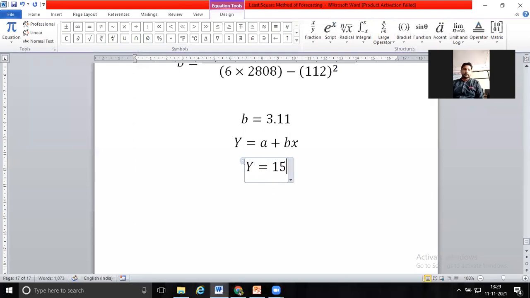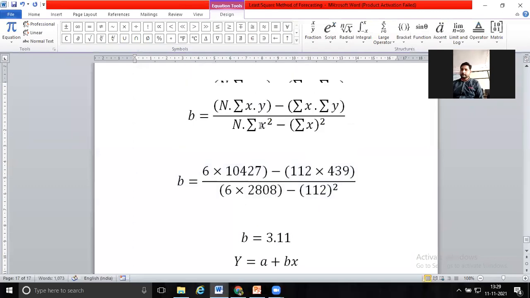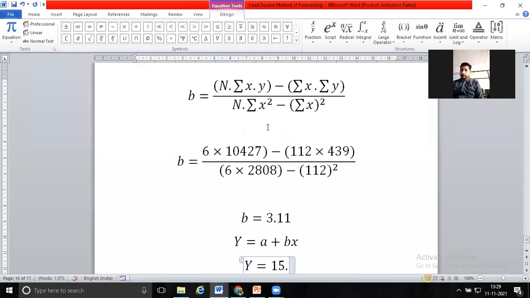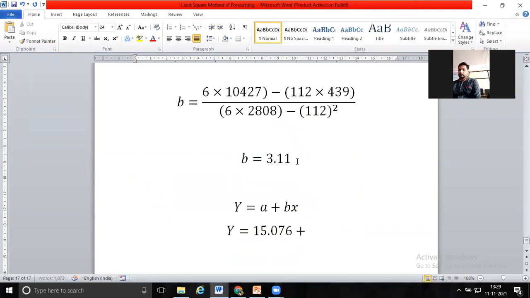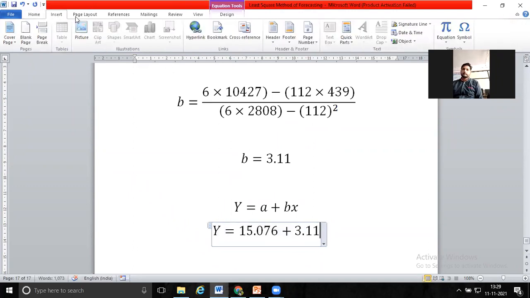Y is equal to 15.076 plus B is 3.11 and multiply with X. Now, this is our line equation.